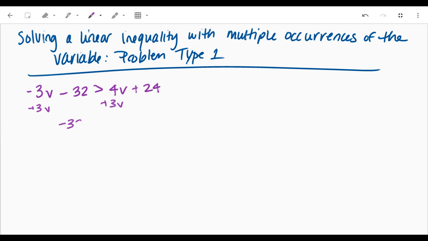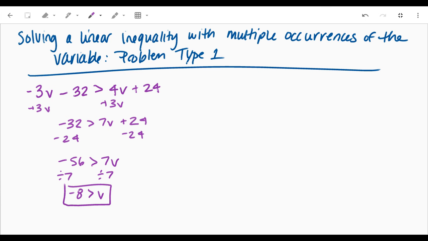So we have negative 32 is greater than 7v plus 24, and then subtract the 24. Negative 56 is greater than 7v. Divide by 7. Negative 8 is greater than v.